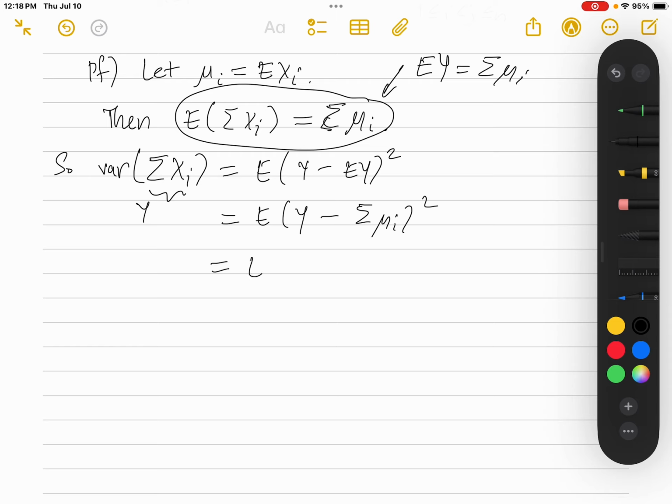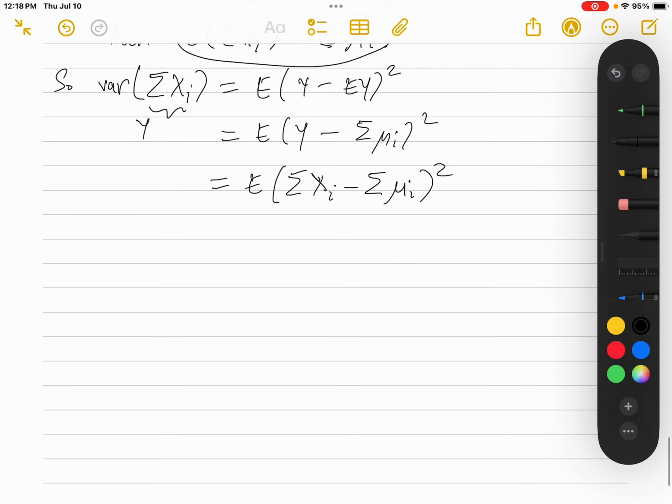And this is the expectation of the sum of the xi's minus the sum of the mu i's, squared. The sums in the middle are just sums from i equals 1 to n, so it's the expectation of the sum of xi minus mu i, squared.